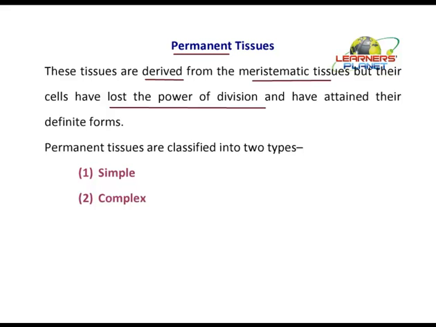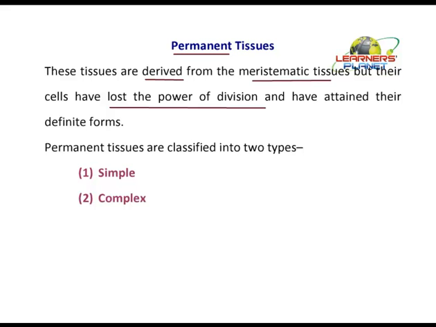These non-growing tissues have lost the power of cell division, but they have attained a definite structure and a special function so as to support the mechanical structure and strength of the plant. Now, once permanent tissues are derived from meristematic tissues, what could be the basis of their differences?